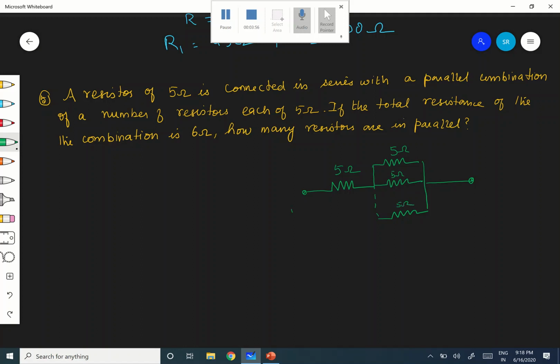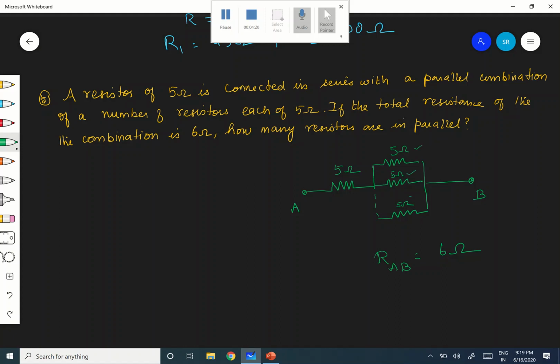Let the points be A and B. Therefore, total resistance RAB is given, it is 6 ohm. Therefore, how many resistors are in parallel? A 5 ohm resistor is connected in series with a parallel combination of a number of resistors, each of 5 ohm.